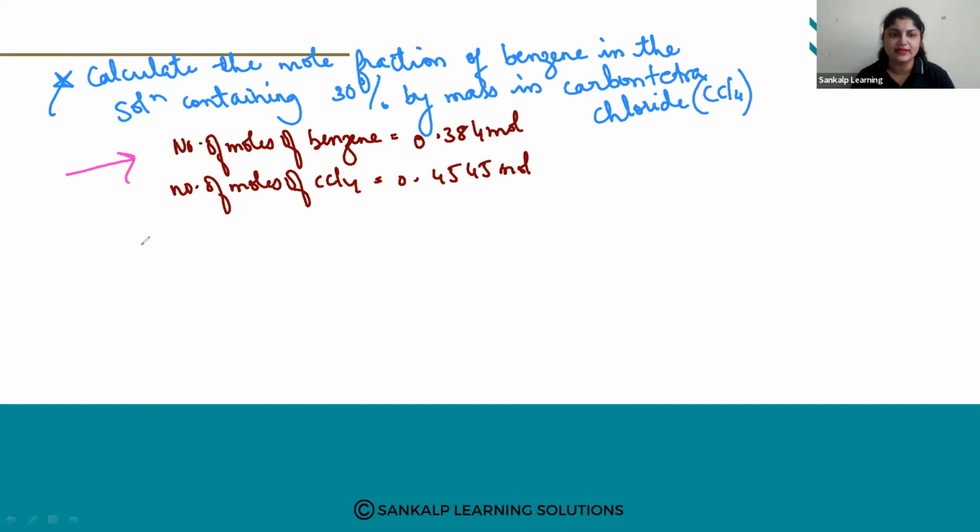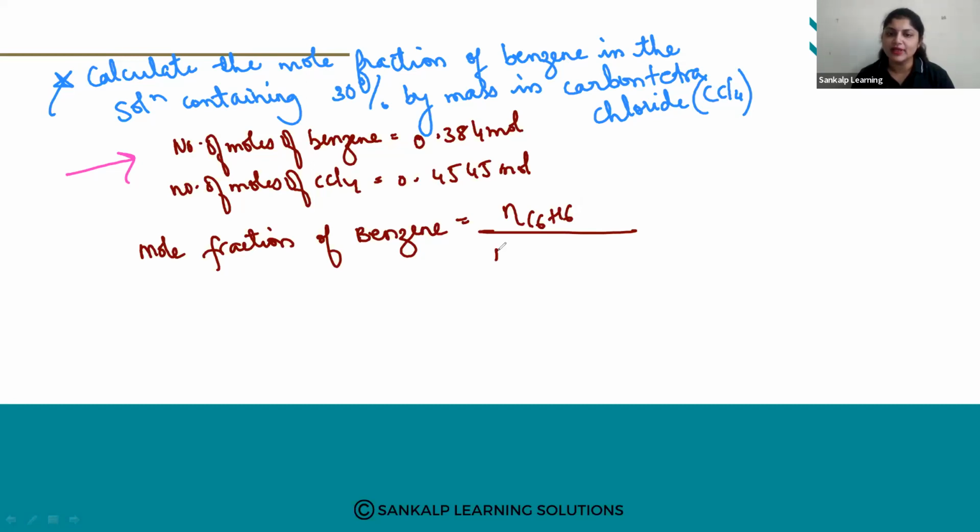Mole fraction of benzene. So how do we calculate mole fraction of benzene? Number of moles of benzene divided by the total number of moles of components, that is number of moles of C6H6 plus number of moles of CCl4.